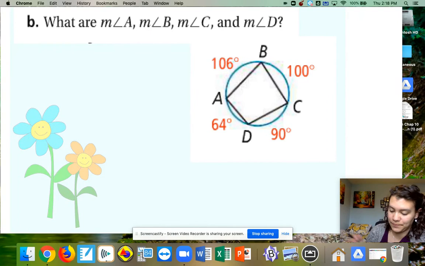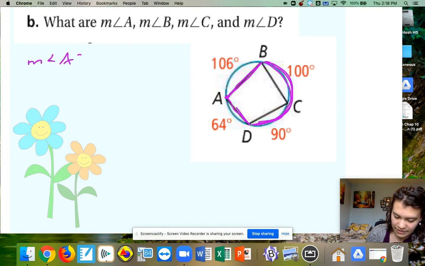So here's a bunch more. If you want to figure out angle A, start at A and draw your lines out and connect the two. So we get this chunk. The measure of angle A is going to be half of 100 plus 90, or 190, which is 95 degrees.